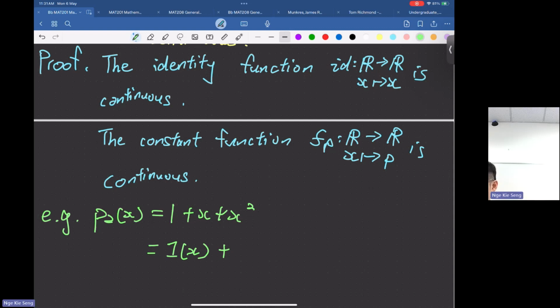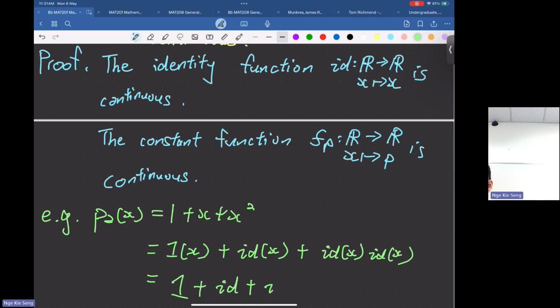So I should write identity(x) plus identity(x) times identity(x). Really I'm seeing 1 as a constant function, and identity squared applied on x. So this is my polynomial.